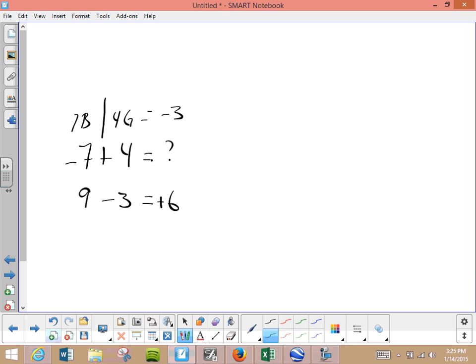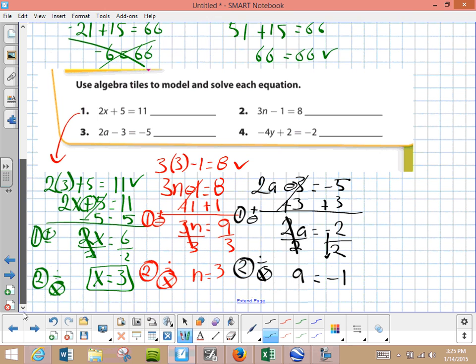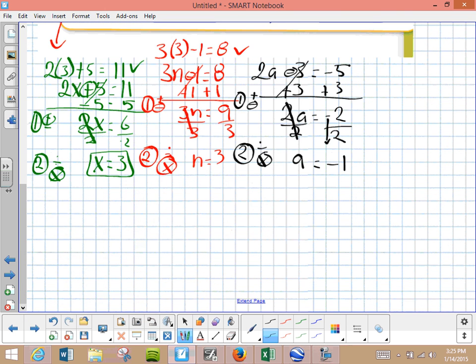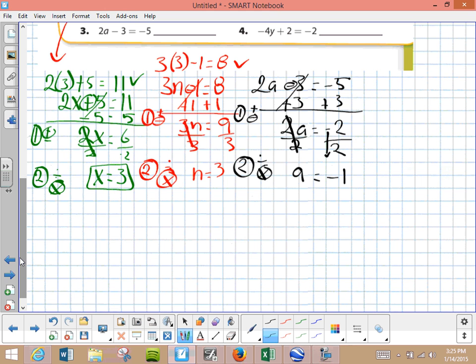All right. So going back to this one, Stephen, you were taking the last one, right? The last one is a little bit more complicated, but that's fine. Negative 4y plus 2 equals negative 2.